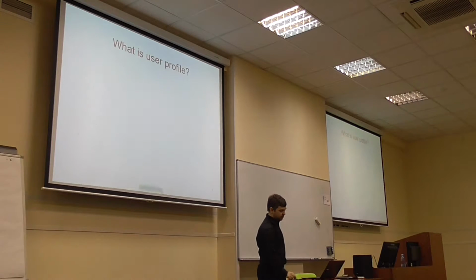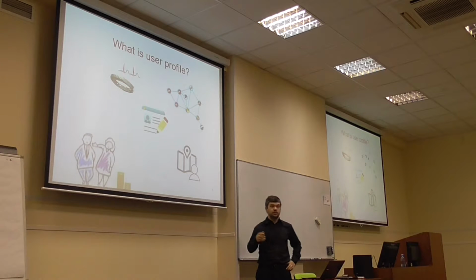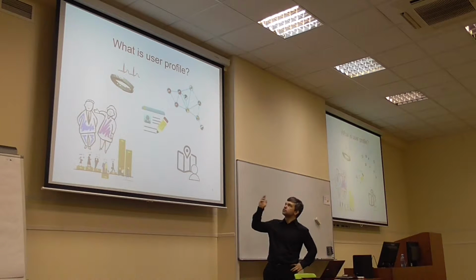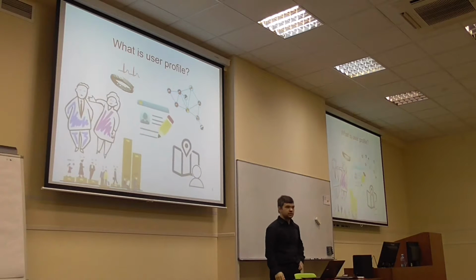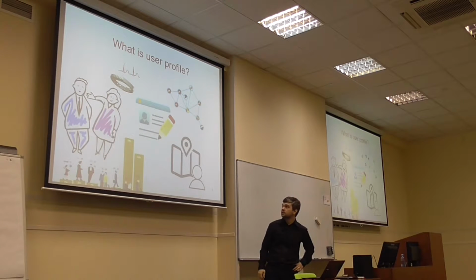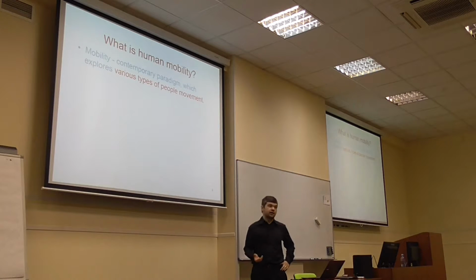First I will talk about user profile. A user profile can be basically many things. It can be some sensor data, some social graph. In our work we focus on 2 attributes, the demographic aspect and the mobility aspect. Mobility itself is quite a wide thing.